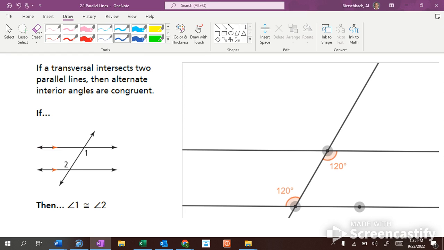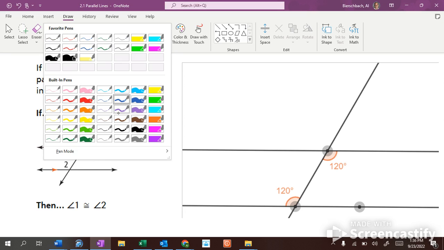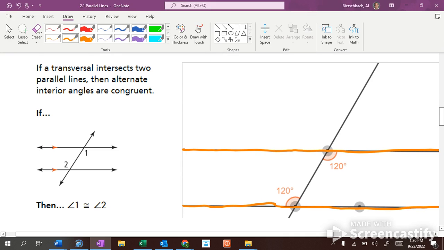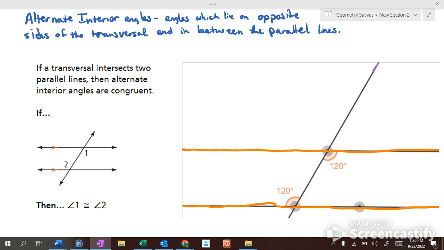I'm going to grab some colors here, so don't freak out that I'm covering up your stuff. Our parallel lines will be in orange and our transversal being purple. Notice how these two 120-degree angles that I'm talking about are on opposite sides of the purple line.